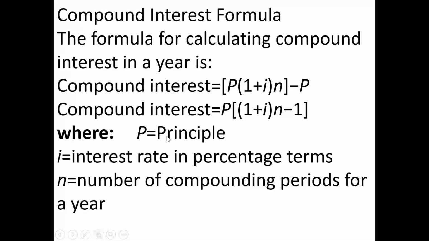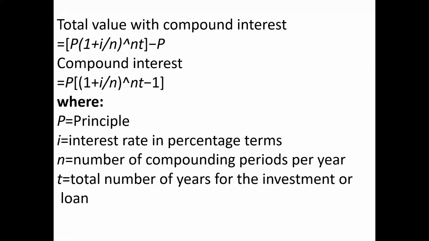There are two formulas I have given. One is compound interest P of 1 plus I into n minus P, and another is compound interest equal to P of 1 plus I into n minus 1. Here I have given 1 because I have taken the principal amount as 1 only. Next, total value with compound interest: P of 1 plus I by n, where I have given nt.